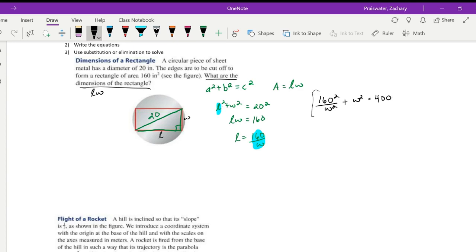So let's multiply both sides by w squared. And that will give me, numbers are getting big here. It's 160 squared, the w squareds cancel, plus w to the fourth is equal to 400 w squared.